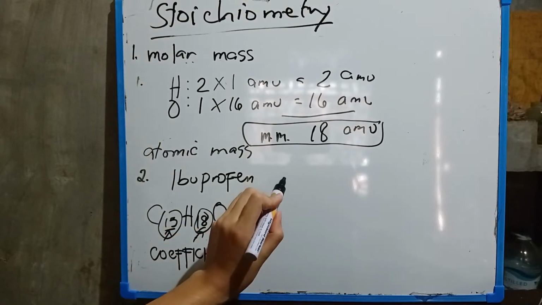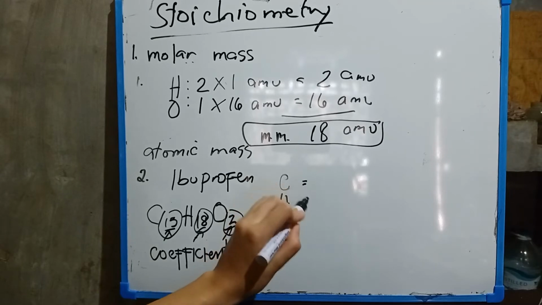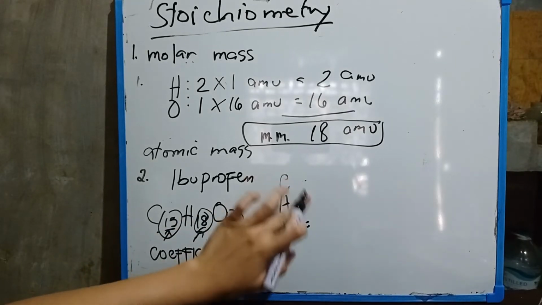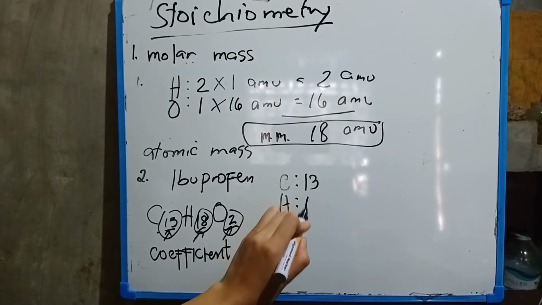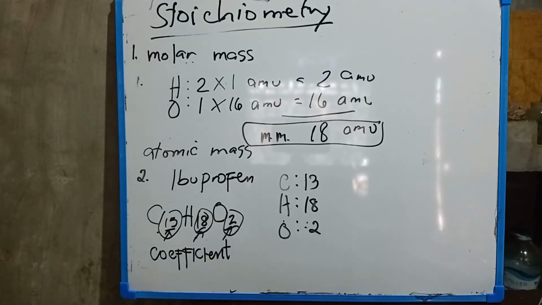So, to get the molar mass, C, H, and O: our carbon is 13, our hydrogen is 18, and our oxygen is 2. Solving the molar mass does not end there.